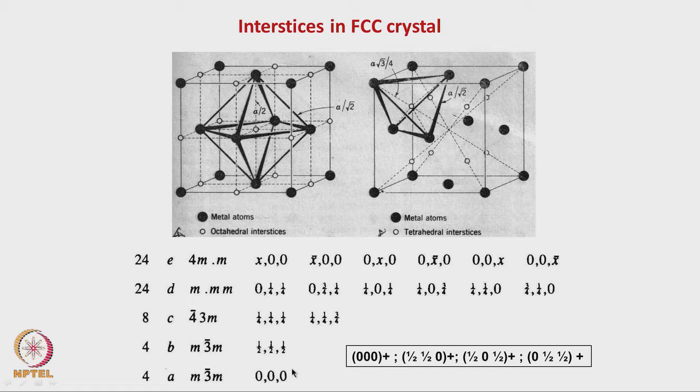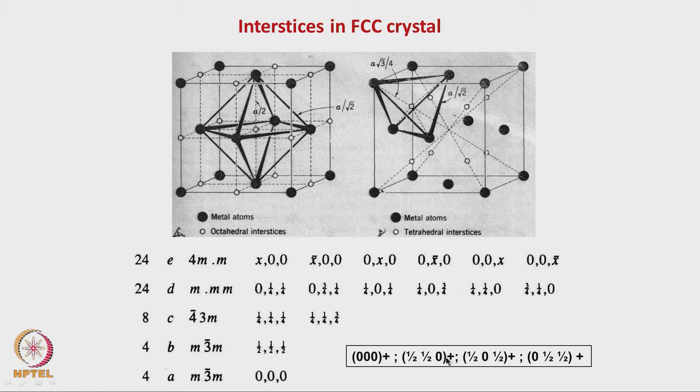The next position which can be filled is m3̄m, the same site symmetry as the origin, at the center. That position, 4 equivalent positions are possible. This is half half half.